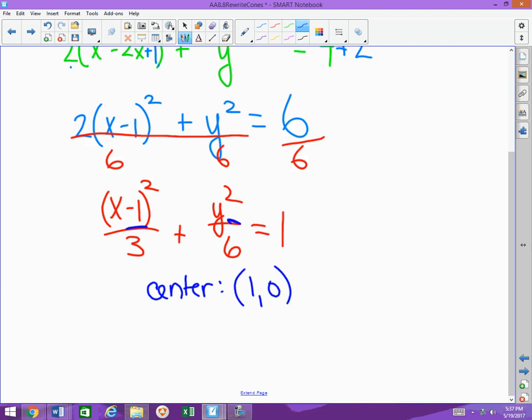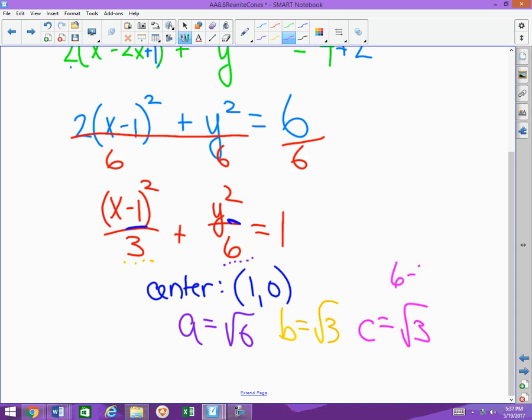The value of a is equal to the square root of 6, because that's the bigger number. The value of b is equal to the square root of 3, because it's the smaller number. And the value of c is equal to the square root of 3 also, because you take 6 minus 3 and the square root of that, because a squared minus b squared equals c squared.